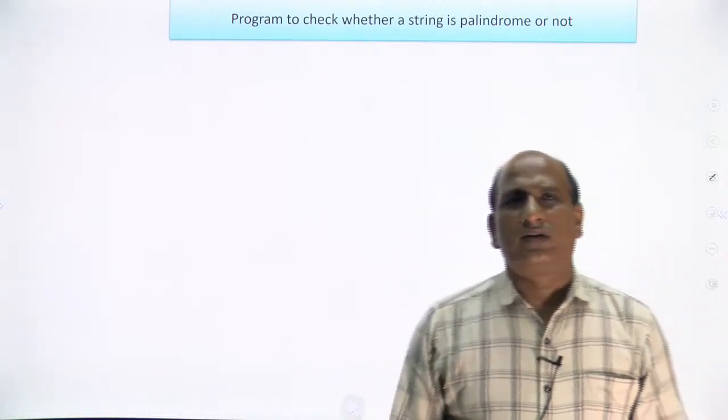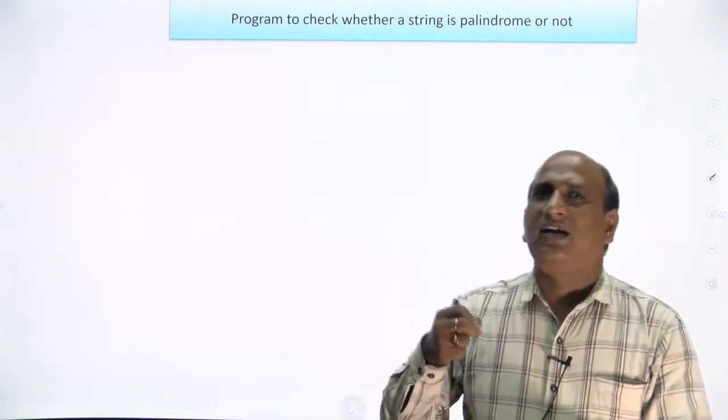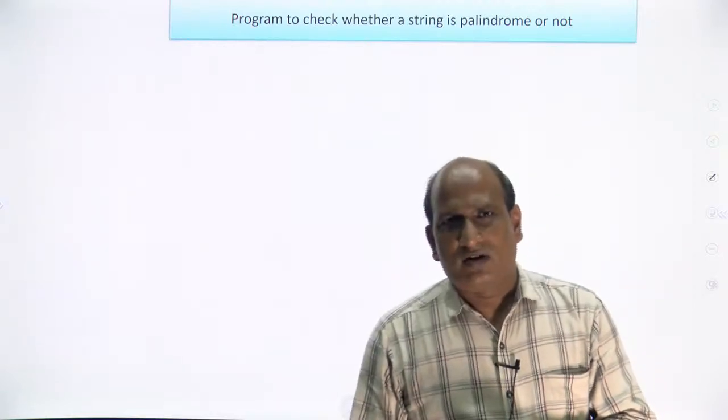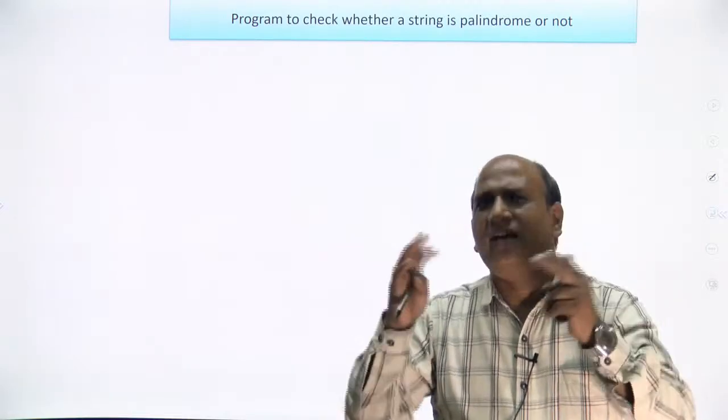One thing the students have to keep in mind is that checking whether a number is a palindrome and whether a string is a palindrome, the logic is the same but the concepts are different.